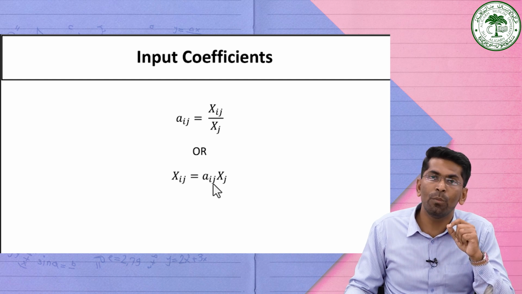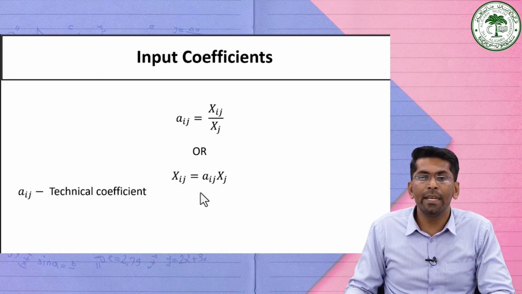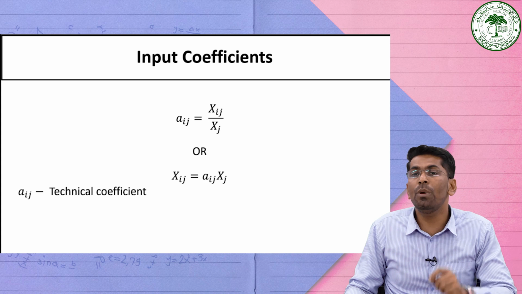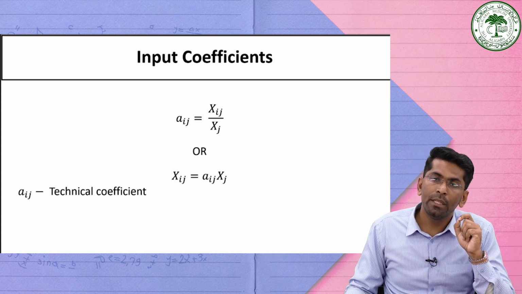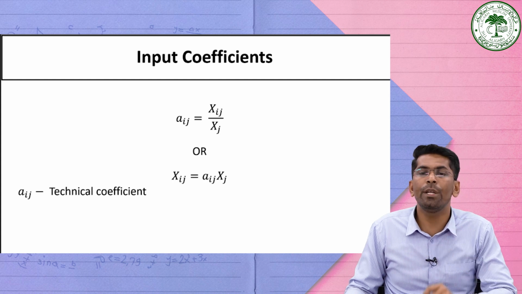This is very important, especially in the coefficient matrix, the input or proportional coefficient. The input coefficient aij is a technical coefficient that shows the number of units of input from one industry's output needed to produce 1 unit of output of another industry.